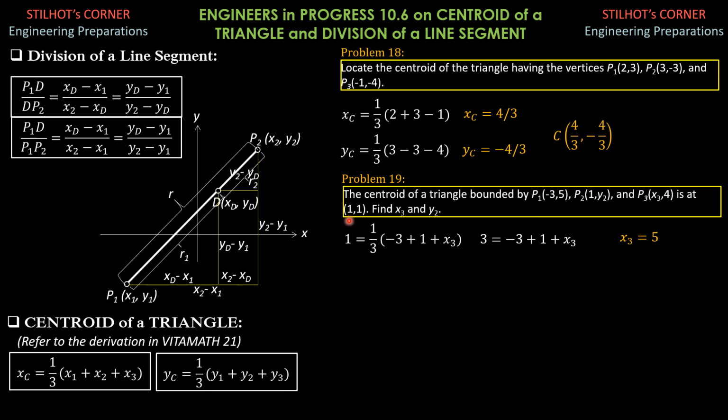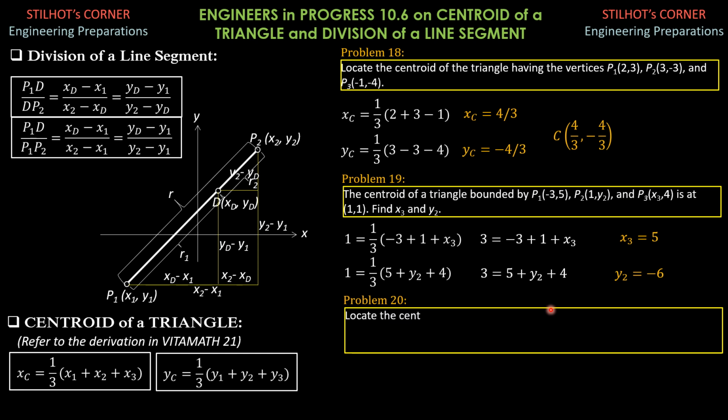Likewise, the y coordinate of the centroid is 1, so 1 is 1/3 of quantity 5 plus y sub 2 plus 4. Cross multiply, 3 equals 5 plus y sub 2 plus 4. So 3 minus 5 is negative 2, minus 4 is negative 6. So y sub 2 is negative 6.